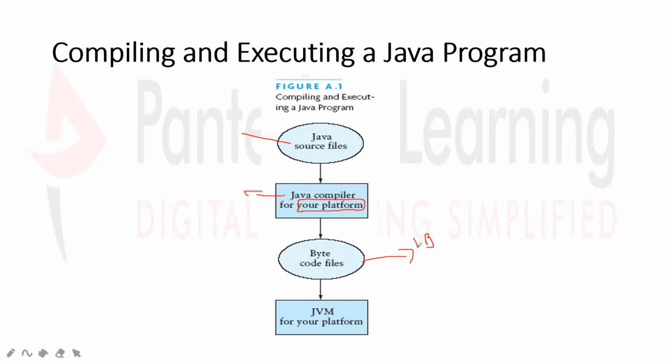After we generate the byte code, we need the JVM for your platform. That is, if you are using Windows, we need to install the Windows JVM, or if you are using Mac OS, you need to install the Mac OS one, then you can run this byte code on every machine. That is why Java is called platform independent.